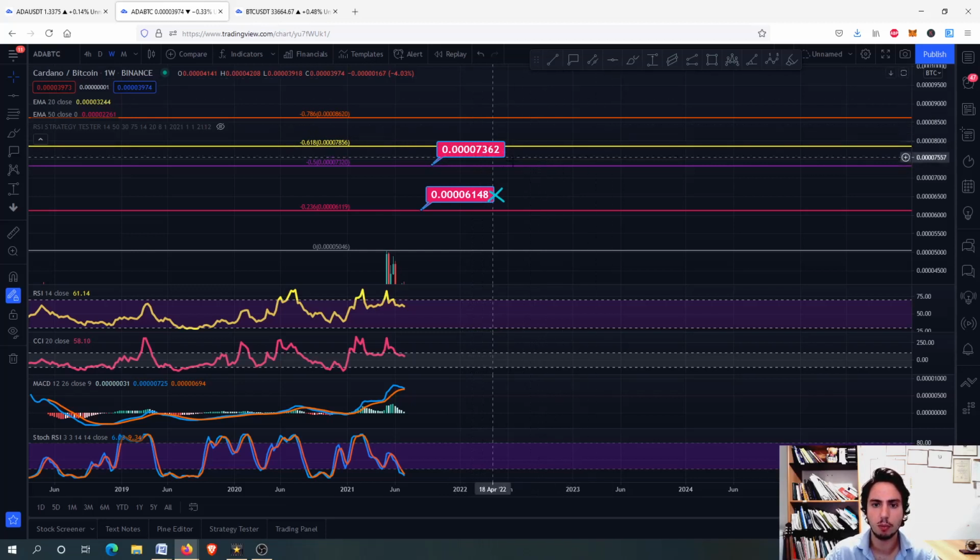Bitcoin will have to be more than 50k around there, because if you multiply the 7.3 with 50k, you will get around 3.7, 3.65. All right, so we need to make it a little bit higher.